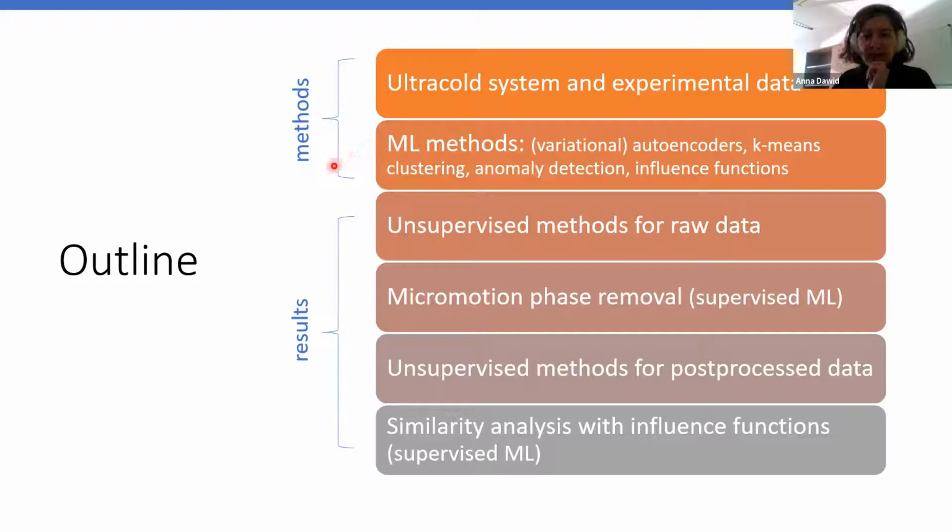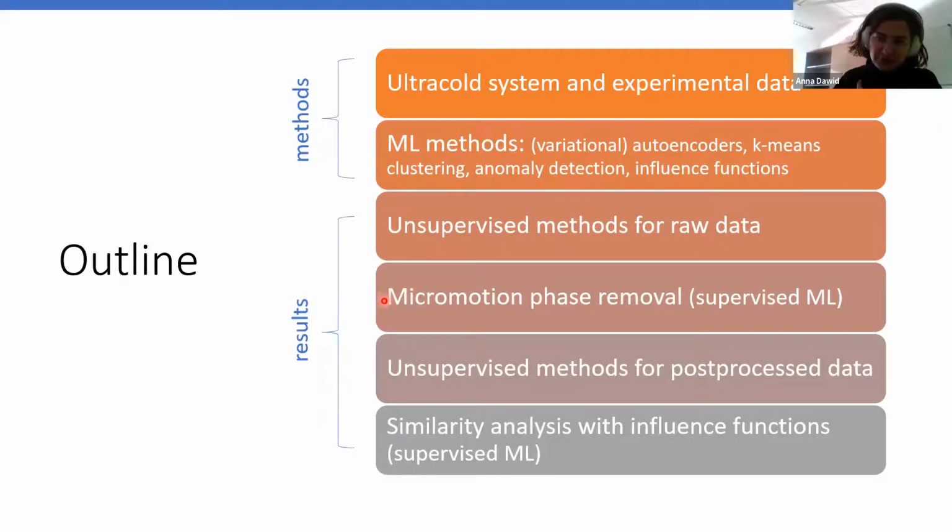And then finally, we will show you the pipeline that we followed. We started with the most optimistic approach, which was let's just cluster raw data. Then we encountered a problem coming from experimental realization, which was the micromotion. And I will explain what it is and why it was a challenge to overcome.